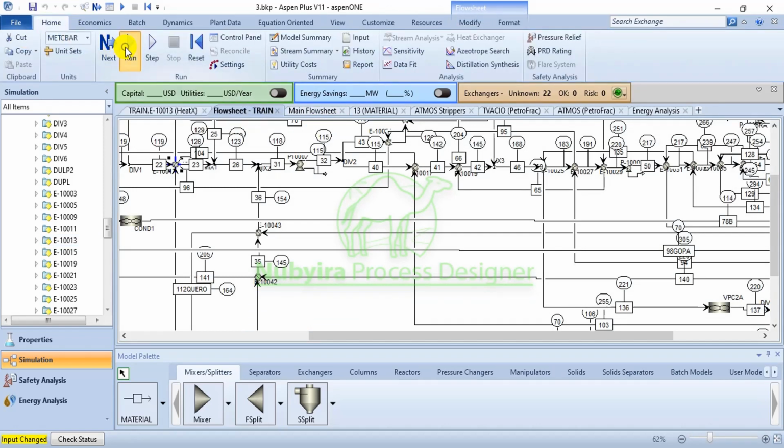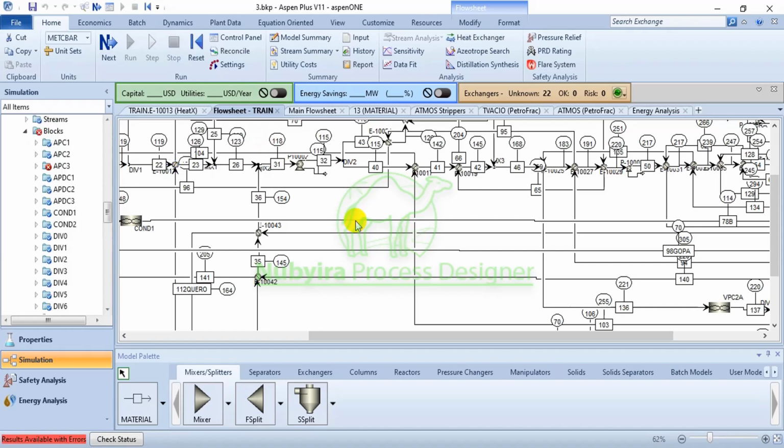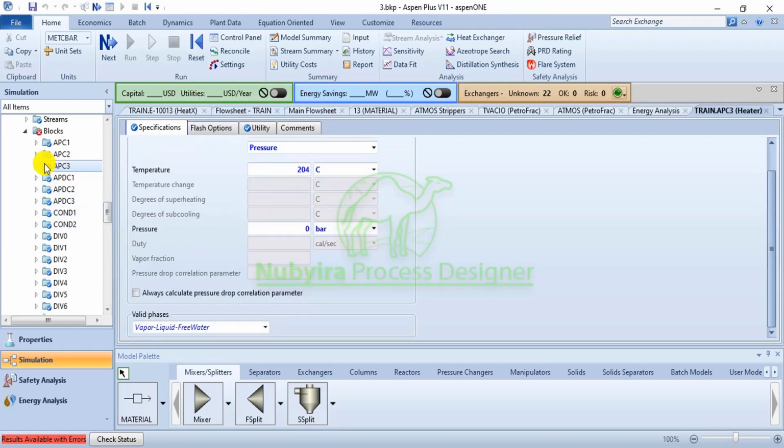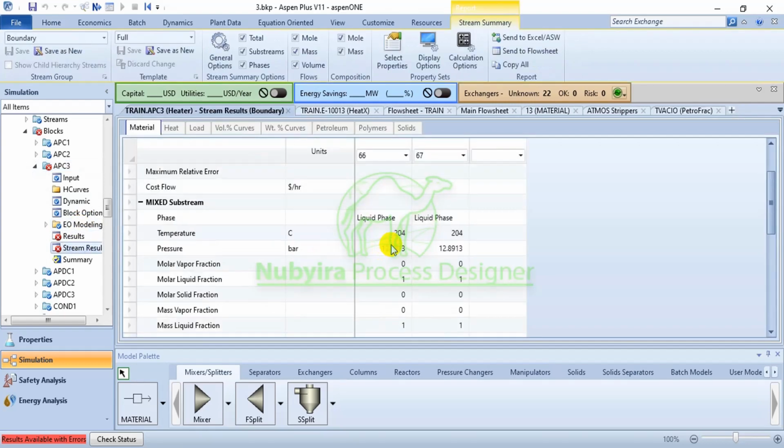This is before I go for the energy analyzer. Let's check if the simulation is going to solve. Okay, the simulation encountered an error. Might be all this. So let's check. It's a cooler. So let's see what happened. Okay, this is the product temperature.